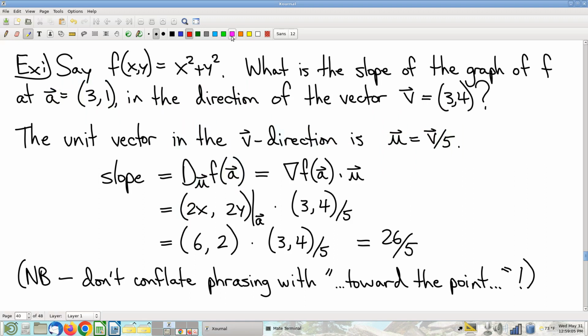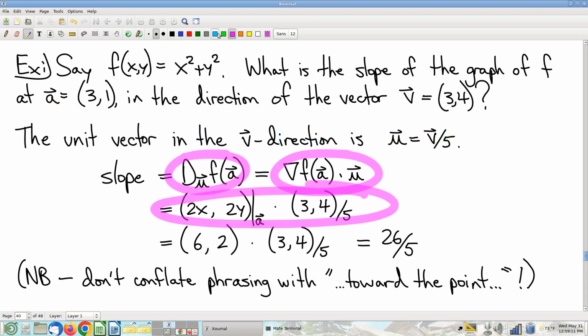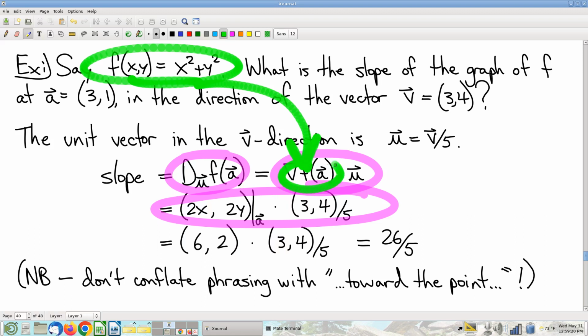Our formula for directional derivative: gradient dot unit vector. Here we go. The gradient: sure, there are some calculations that go into computing that gradient. Take the various partials, evaluate at the point where you're at, namely (3, 1).